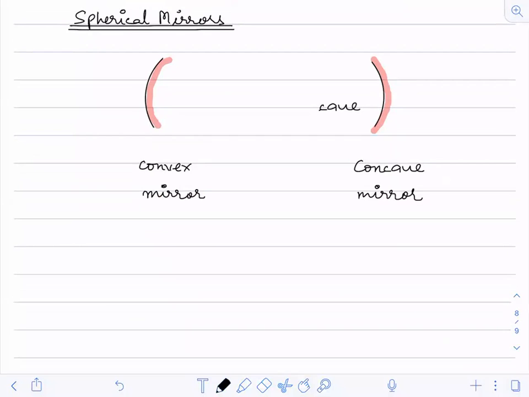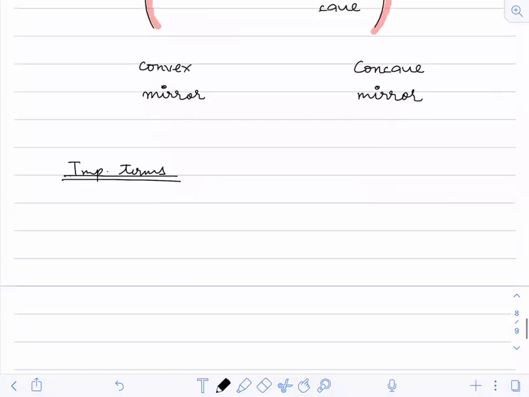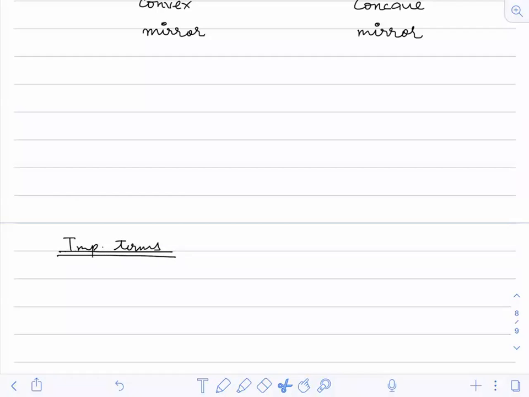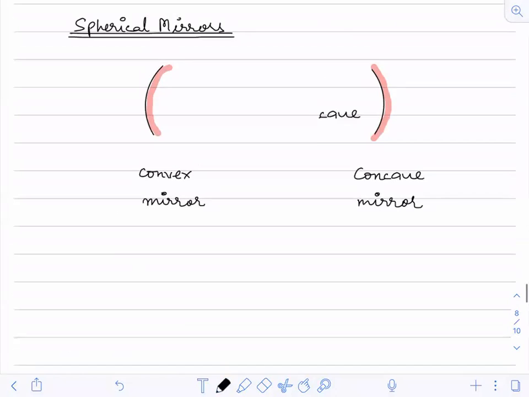Important terms now we are going to see: pole, center of curvature, radius of curvature, focus, all those things. One thing you have to remember: these two spherical mirrors were the part of what? Hollow sphere.